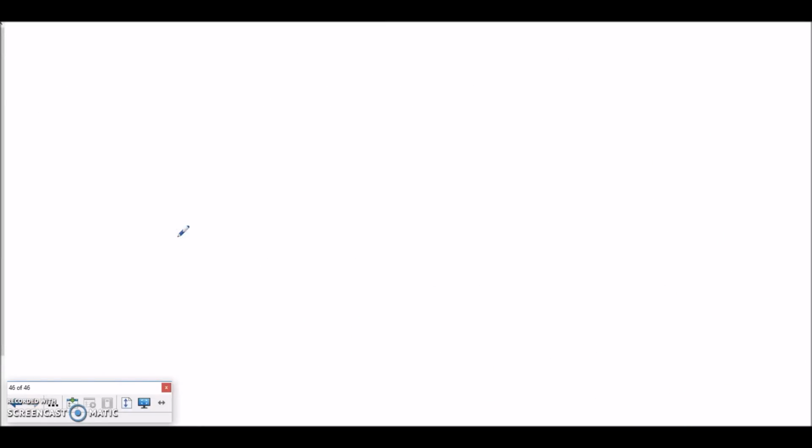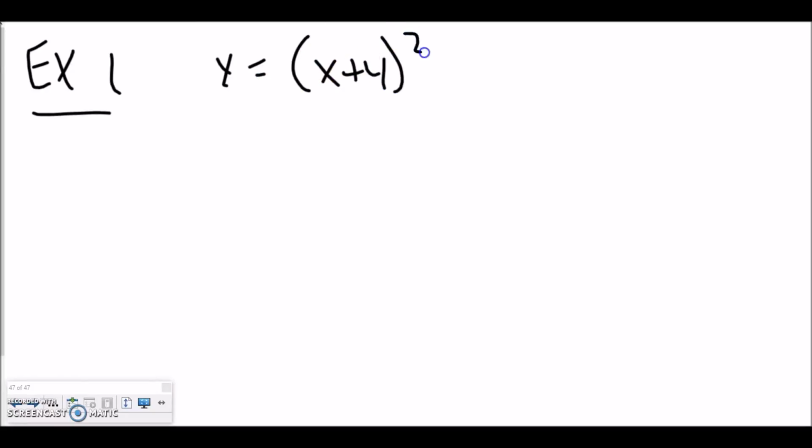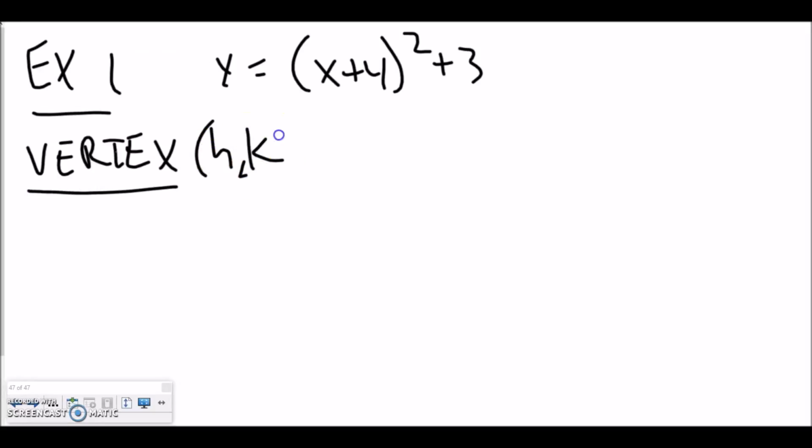So let's do some numbers and you'll understand exactly what it is we're talking about. Here's an equation. Example 1. y equals (x plus 4) squared plus 3. Every problem is going to ask you the following list of things. First, we need to find the vertex, and we know that that's (h, k).